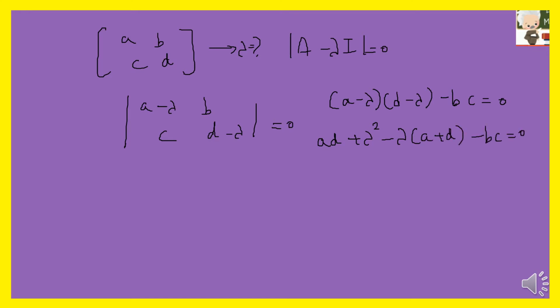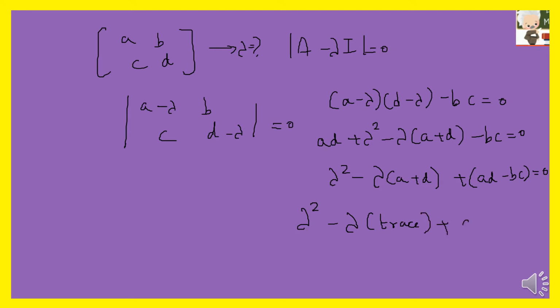Here I am splitting the terms, which will be lambda square minus lambda into (A plus D) plus (AD minus BC). I am combining the terms in the form of a quadratic equation. So I can write this equation as lambda square minus lambda into trace plus determinant is equal to 0.